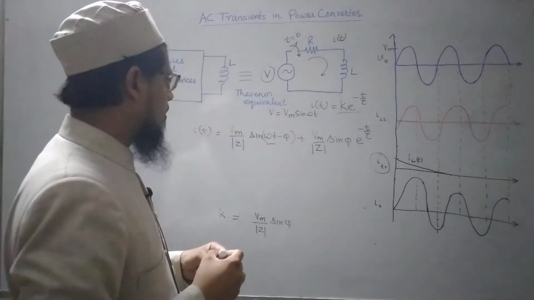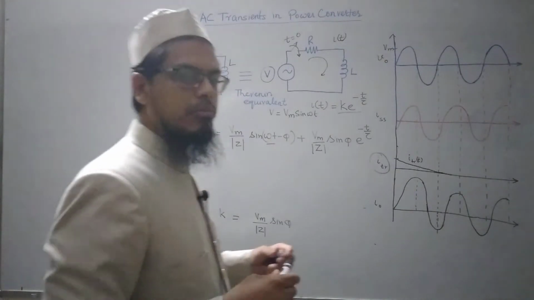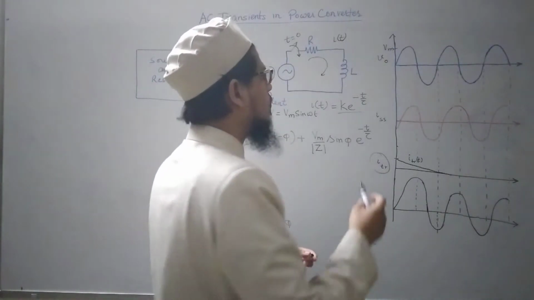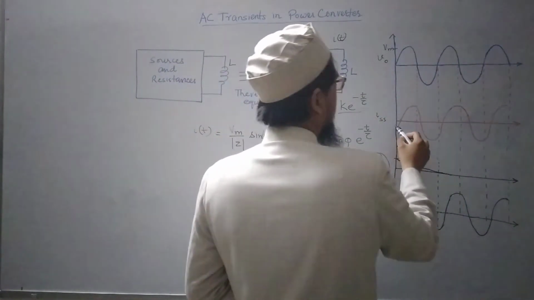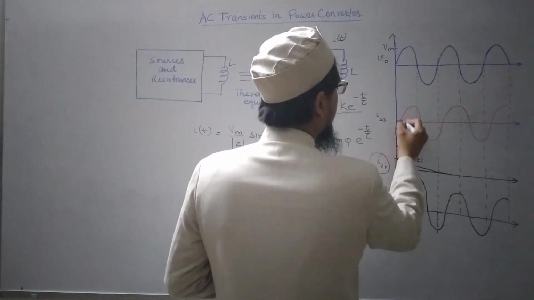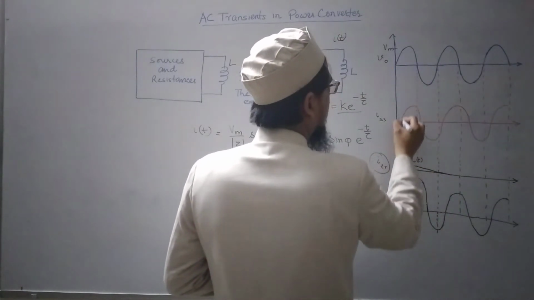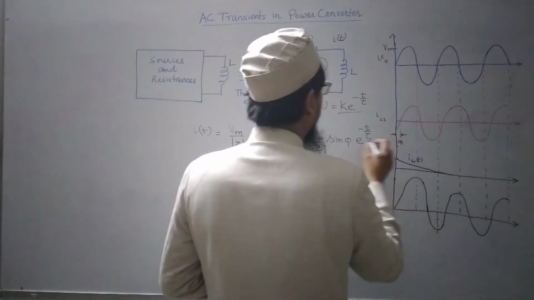Let us see how this current waveform looks like. I have drawn it here. This is your Vm, the input voltage, and this is ISS, the steady state current. You could see here there is a phase difference between the current and the voltage, and that is your phi.